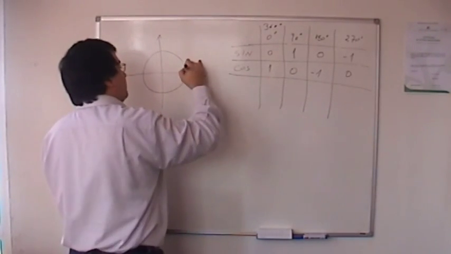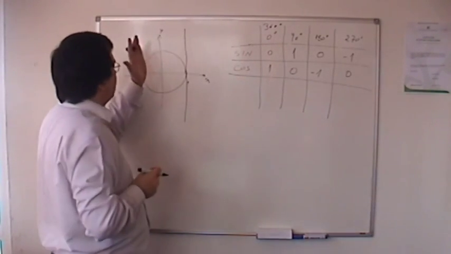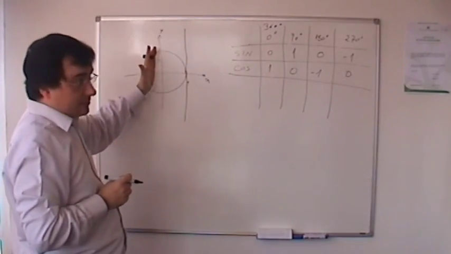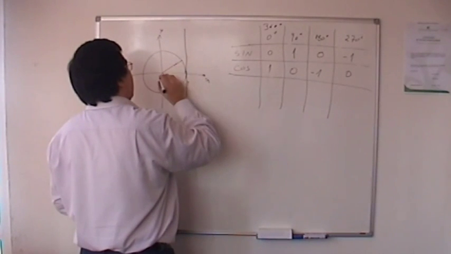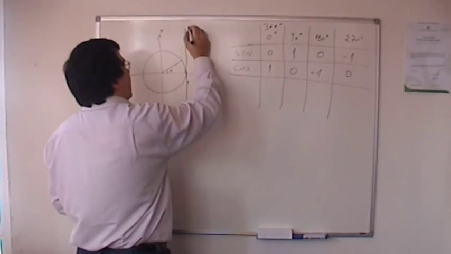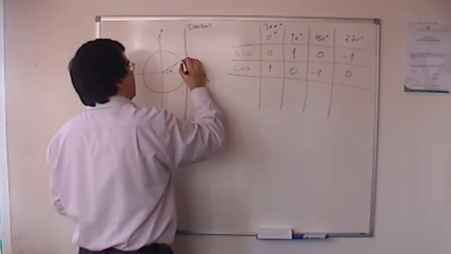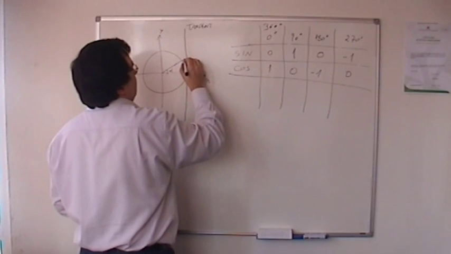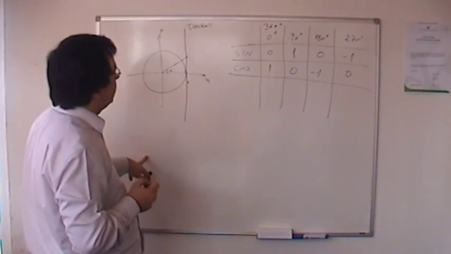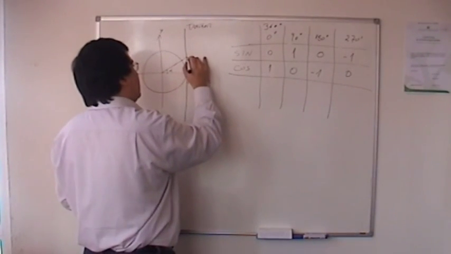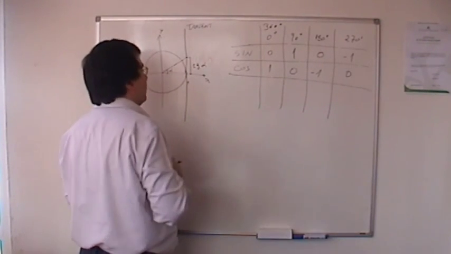For tangent, we will have a line that will be parallel to the vertical axis, and if I have here my alpha angle, I can determine the tangent by extending these points here and seeing where it reaches the tangent line. So this measurement here will give you the value for tangent of alpha.